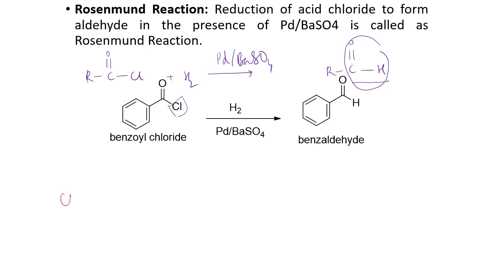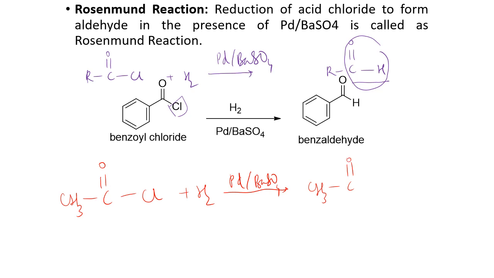For example, if I'm using the acid chloride of acetic acid, so CH3C double bond O Cl plus H2, palladium barium sulfate, what you will have is CH3C double bond O H, replacement of chlorine by hydrogen. So you are getting acetaldehyde or ethanal, and this starting compound is known as acetyl chloride or ethanoyl chloride, and this reaction is known as the Rosenmund reaction.